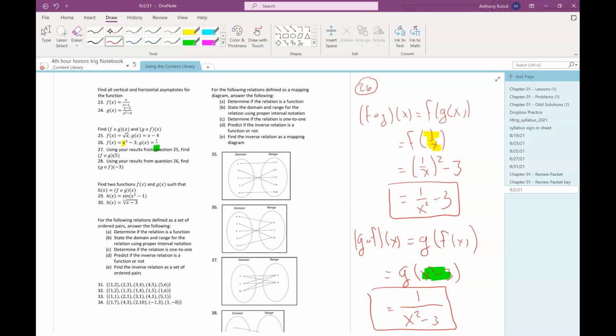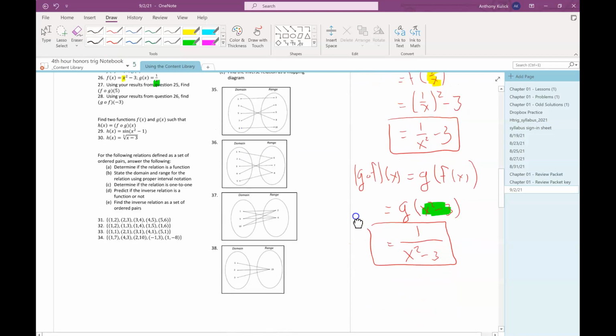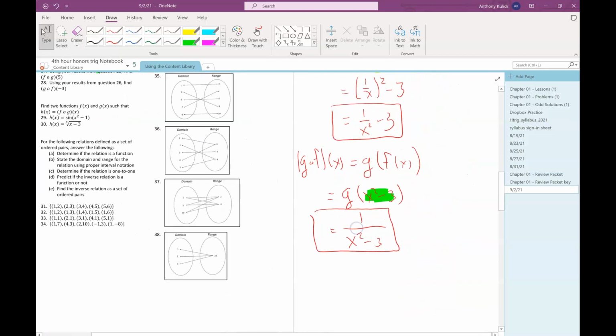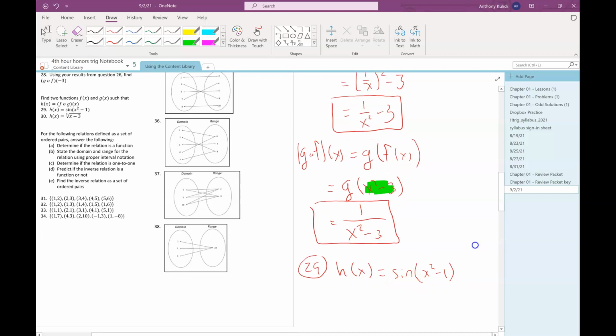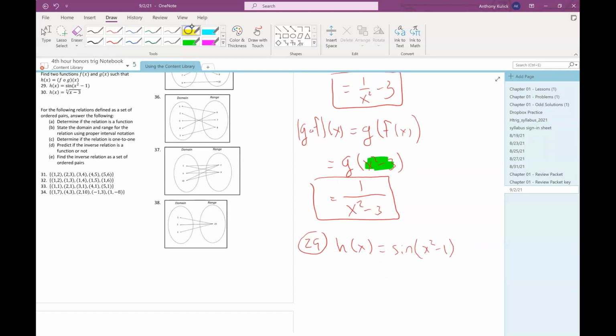Number 29. Okay. So 29, we're asked to find two functions, f and g, whose composition gives us this third function. So answers here may vary. There's several obvious answers. Typically, when I try to do a problem like this, I'm involving composition.